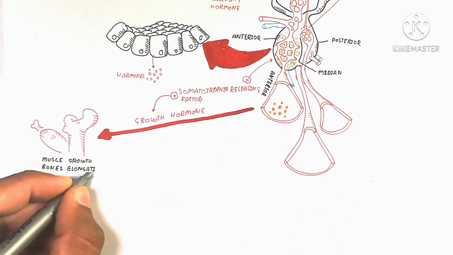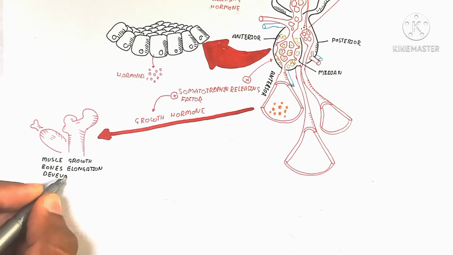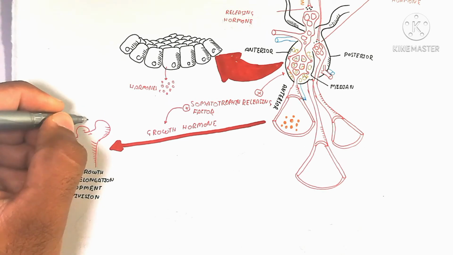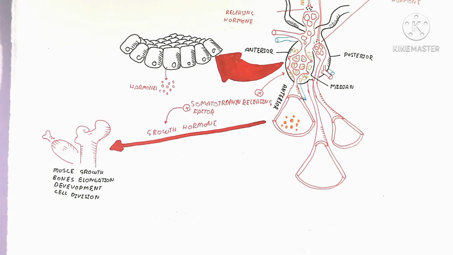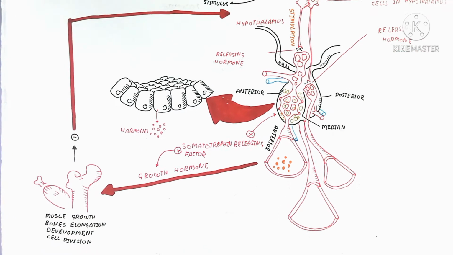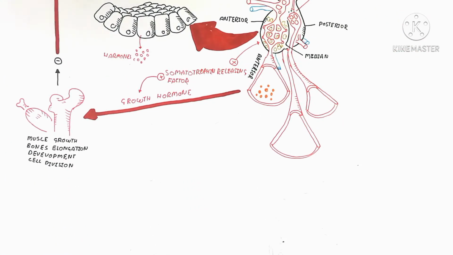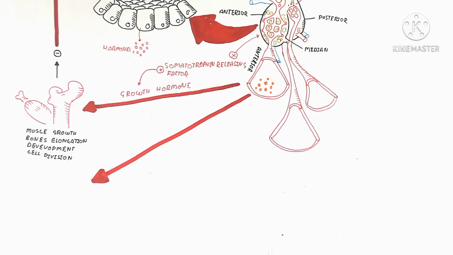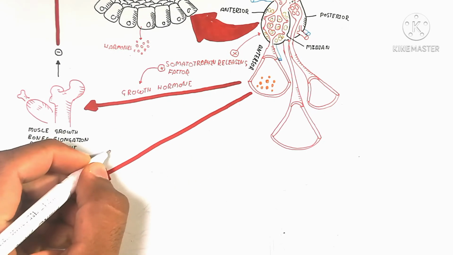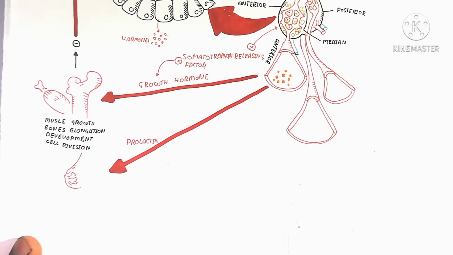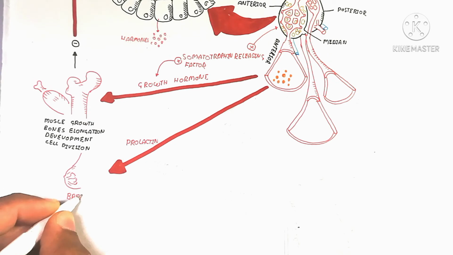It stimulates muscle, bones and different organs, and development is due to growth hormone. Growth hormone is very important for cell division, bone density, height and elongation of bones. Too much growth hormone causes gigantism, and too little causes dwarfism. The excess growth hormone gives negative feedback to the hypothalamus to inhibit the production of growth hormone.